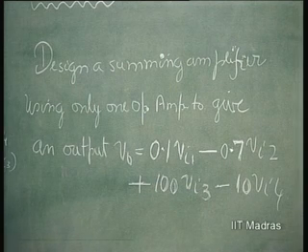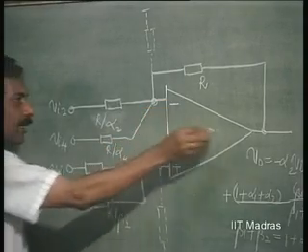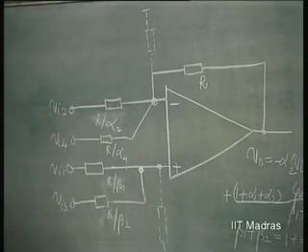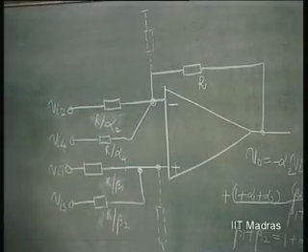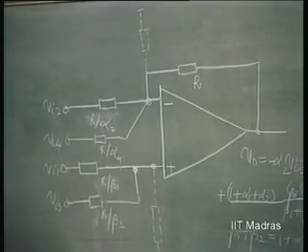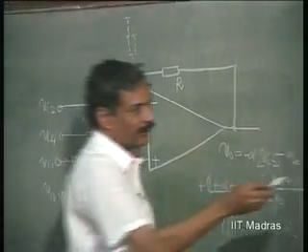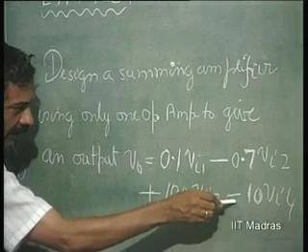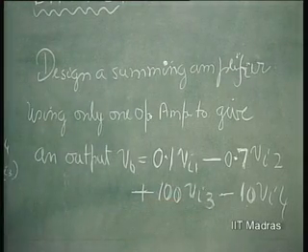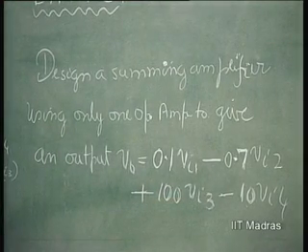Now, let us concentrate on this op amp now. We are giving negative feedback here, and as I told you, negative coefficients like in this case minus 0.7 and minus 10, can be easily got by designing an inverting amplifier.